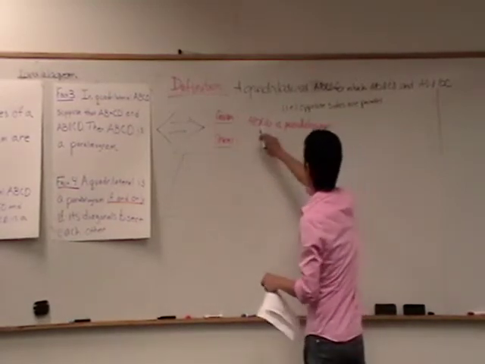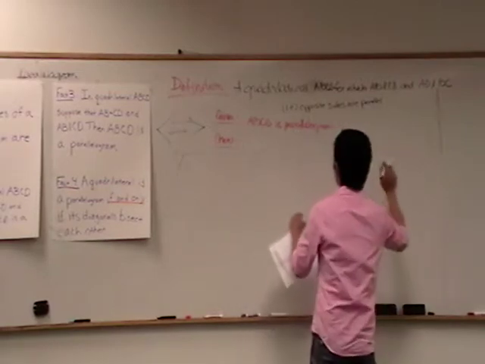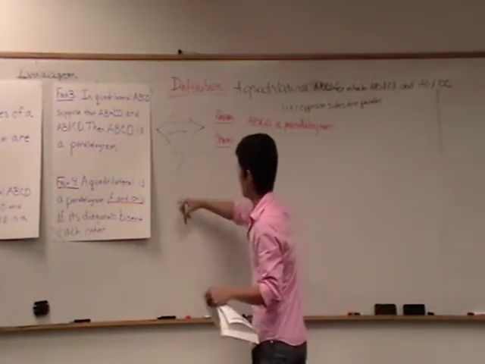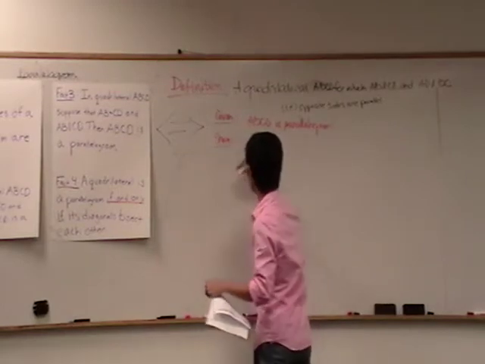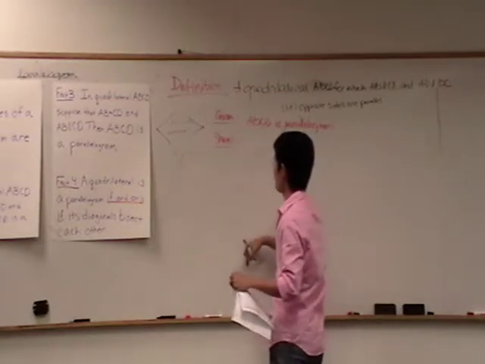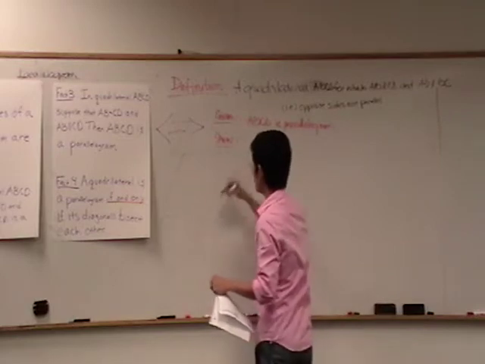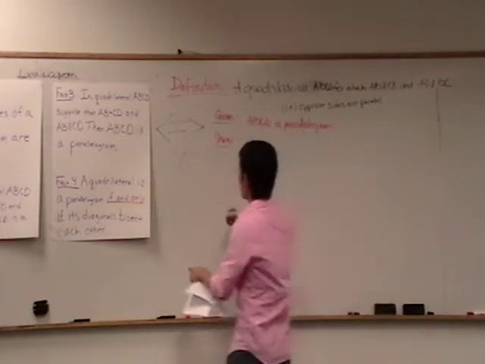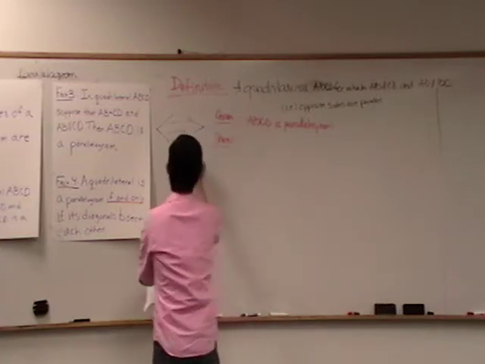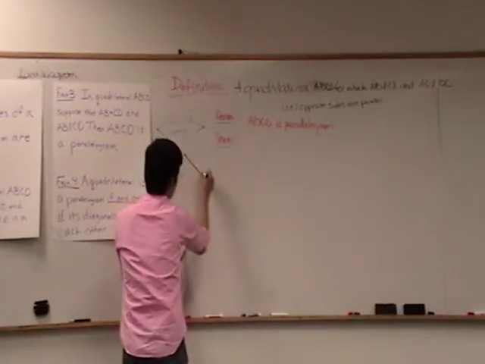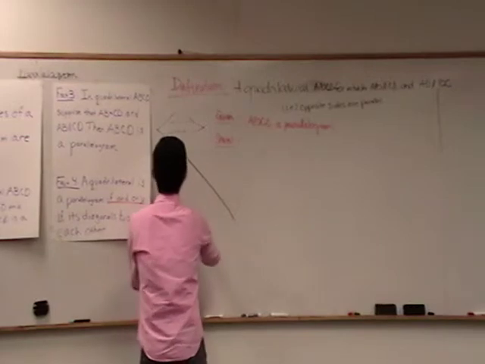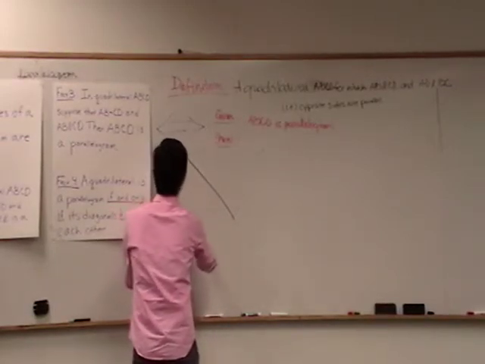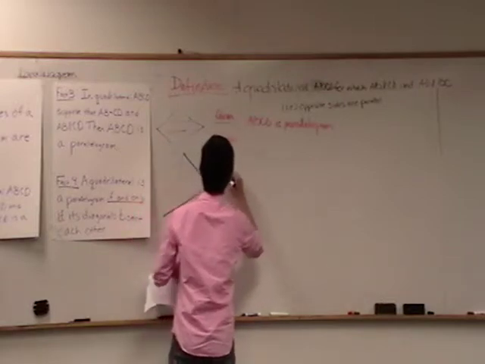If we have ABCD a parallelogram, that means AB is parallel to DC and AD is parallel to BC, and also we have AB equal DC and AD equal BC. Now we have to show AC bisects BD.